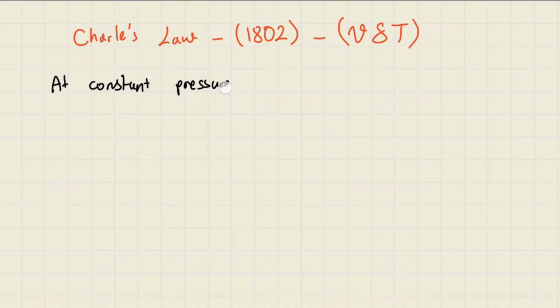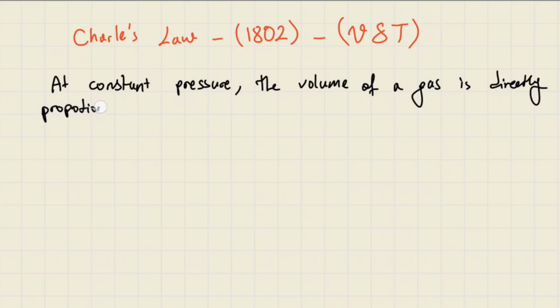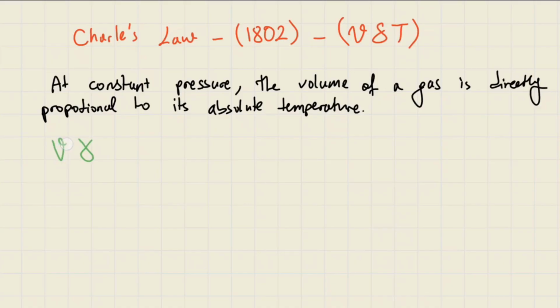At constant pressure, the volume of a gas is directly proportional to its absolute temperature. So what does it mean? We have volume and temperature, which means that pressure and amount of gas, or N, are constant.